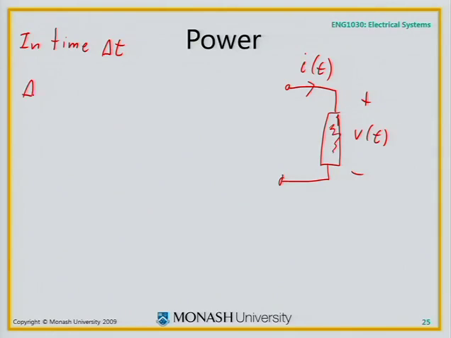So let's say delta Q, the charge that moves through, must be I(t) times delta t. Everything's small, I don't need to integrate, it's only over a small time period. The total charge is the current times the time.